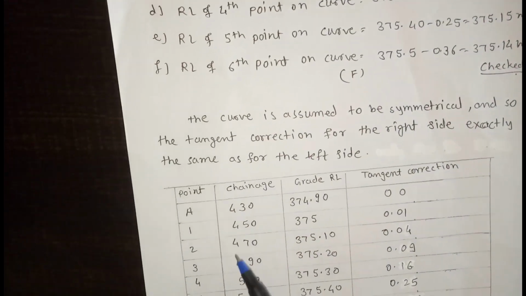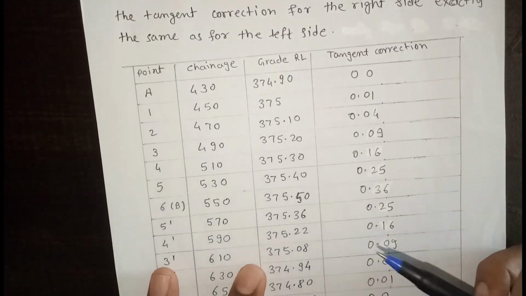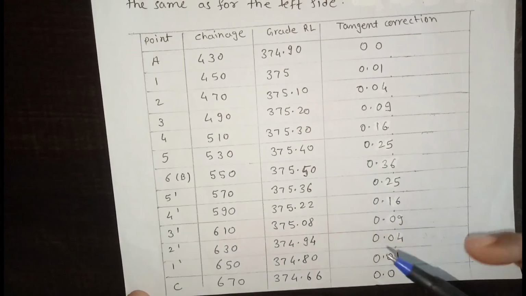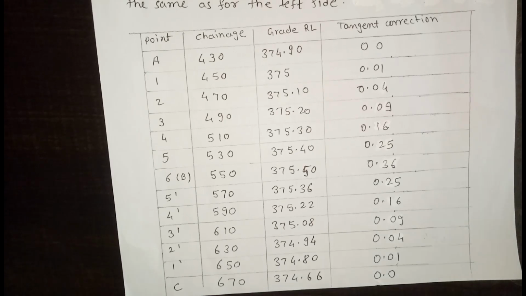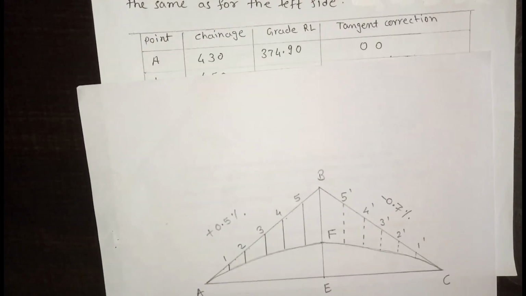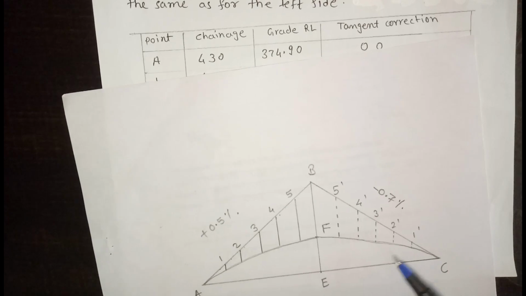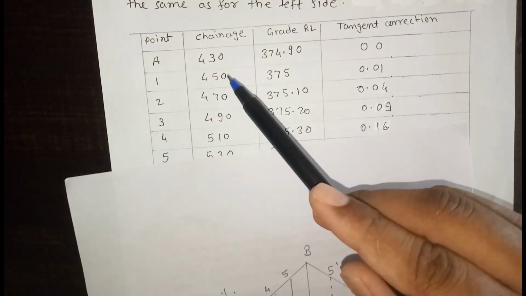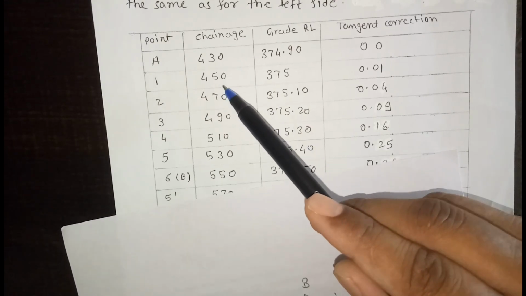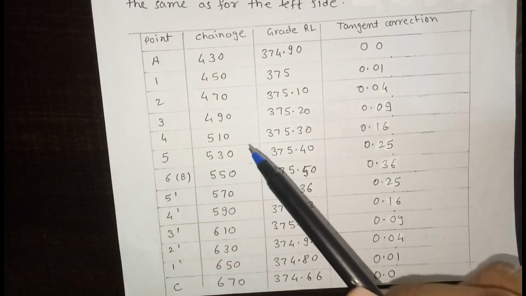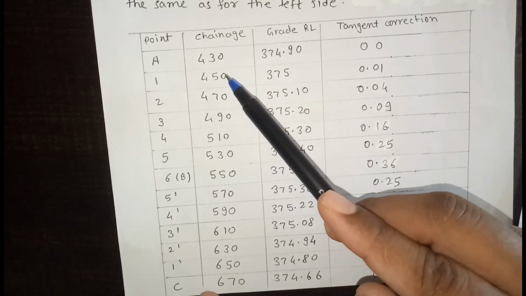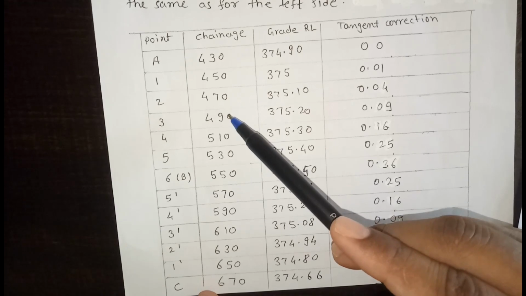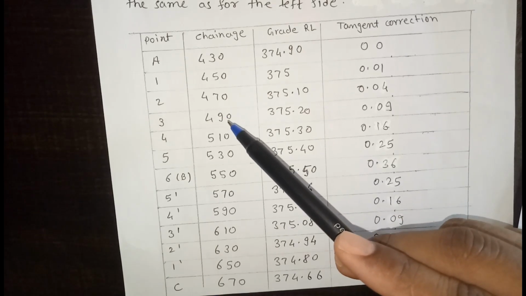Now this is the table. In this table we can see that our starting point is A and the ending point is C. Chainage of A is 430 meter, then chainage of the first point is 450 meter, then 470, because we have an interval of 20 meter.